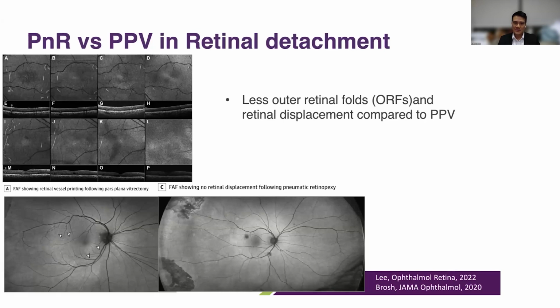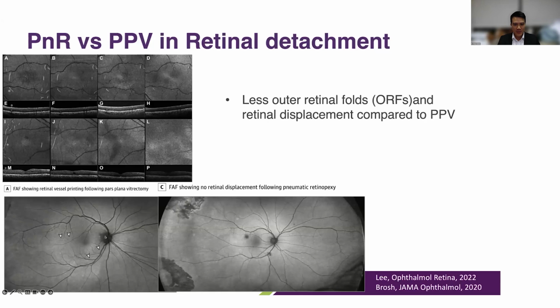In pneumatic retinopexy, we do not drain the subretinal fluid and instead rely on the RPE pump to pump out the subretinal fluid gradually, in a slow and controlled manner. In that case, the outer retina reattaches to the underlying RPE more slowly, and this gradual process may cause less outer retinal folds and also less retinal displacement.